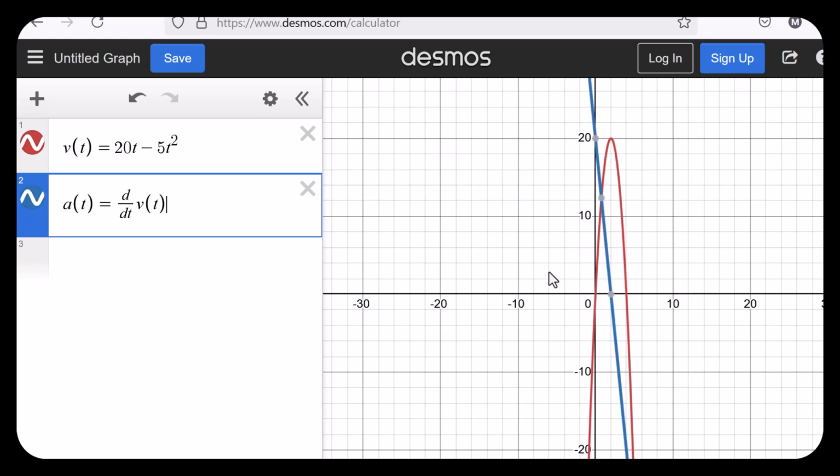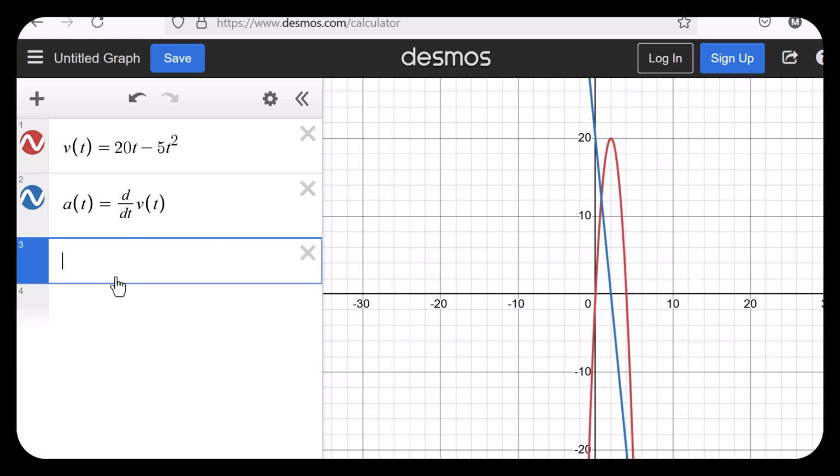And actually, if you wanted to, we could probably come up with the actual position, because it's the integral. We haven't really gotten into this, but if velocity is the derivative of position, then position is the integral of velocity.